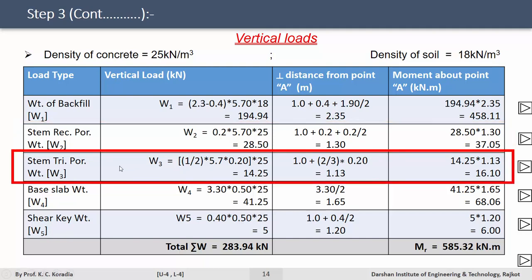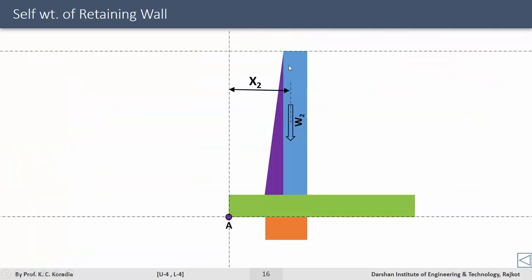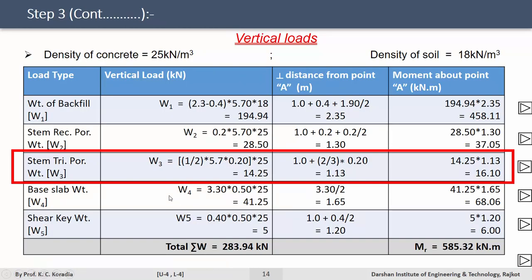The triangle portion of stem will be equal to 1 half base width, that is 0.2 meter, into height, that is 5.7 meter. Here for triangle it's 1 half into height 5.7 into base 0.2 meter into concrete density, which gives 14.25 kilonewton in vertical downward direction.